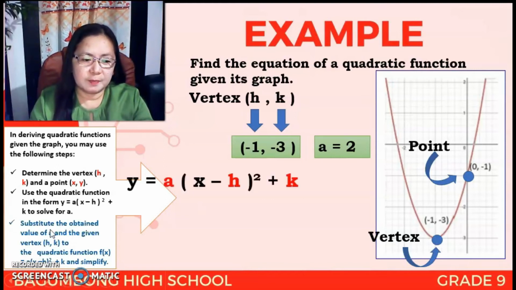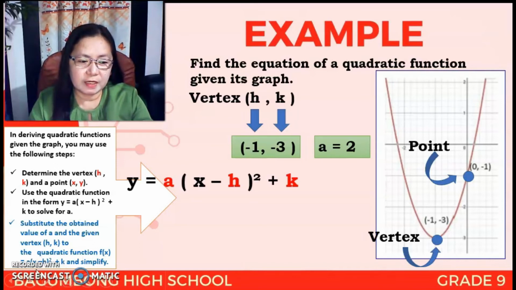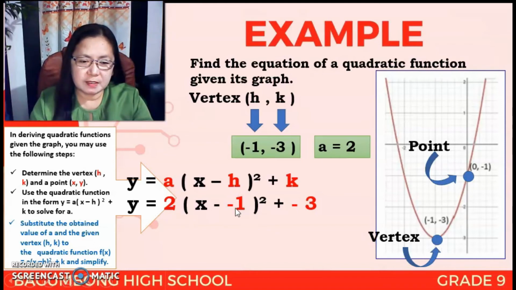The next step, substitute the obtained value of a and the given vertex (h, k) to the quadratic function f of x is equal to a times (x minus h) squared plus k, and simplify. So, y is equal to 2, the value of a is 2, replacement for h is negative 1 and for k is negative 3.